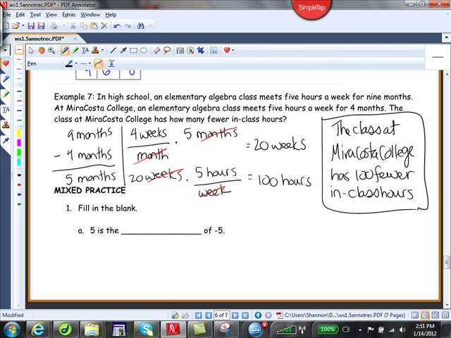If you're straight out of high school, you had a much longer time potentially where you completed this material. And so you may remember that you had a lot of time in class that you could work on assignments. Well, here at MiraCosta College, we have like 100 fewer hours.